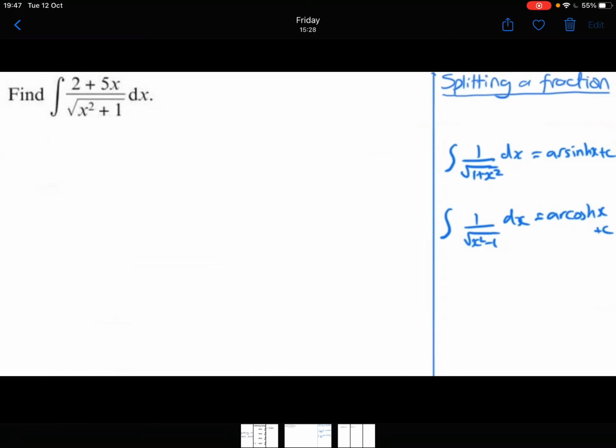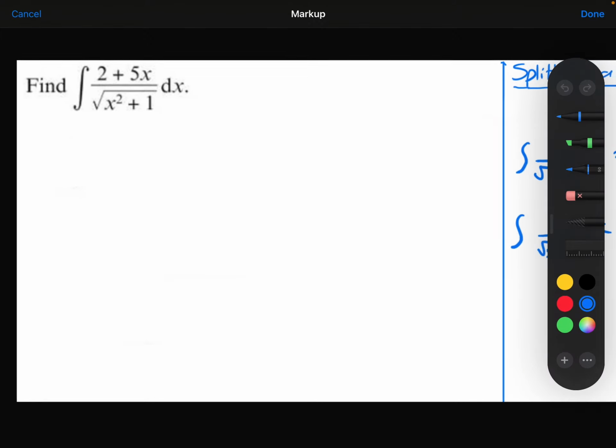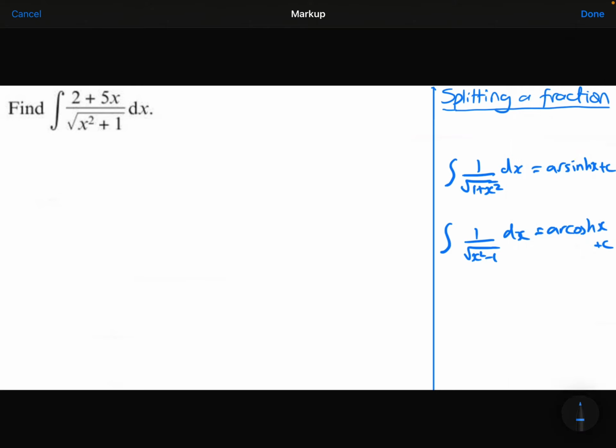Next, getting a little bit trickier now. We want to integrate (2 + 5x) all over the square root of x squared plus 1. Now, we've seen in the earlier topic of calculus how we can split a fraction like this up into two separate fractions, and so two separate integrals.